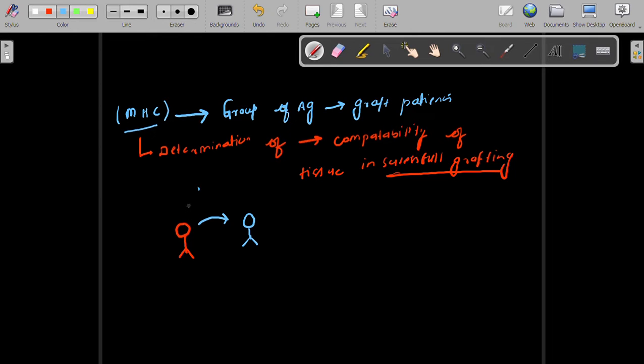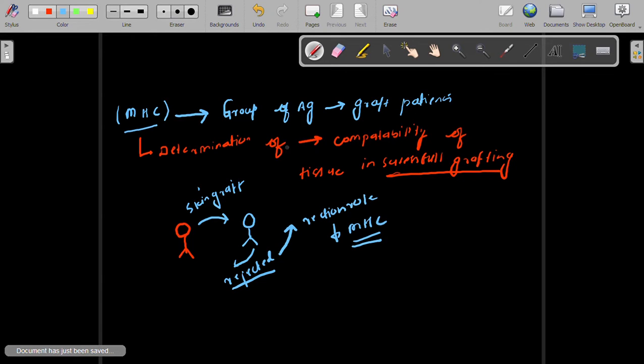Suppose it needs a skin graft, but this skin graft was rejected, and this rejection role is mainly played by MHC complexes. So this is the role of the MHC in determination of compatibility during successful grafting.